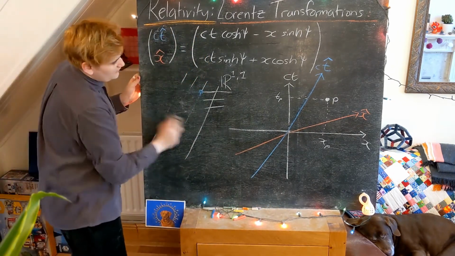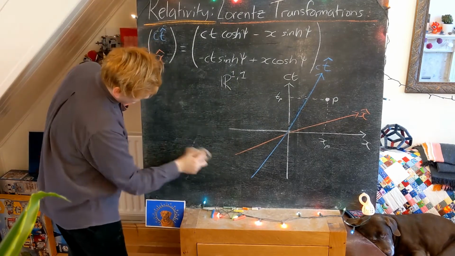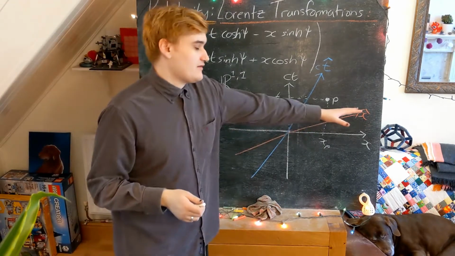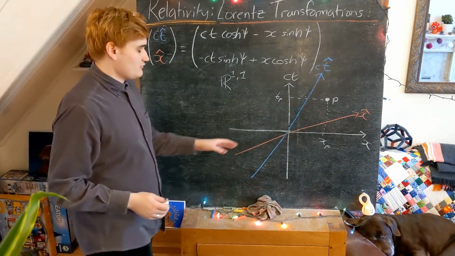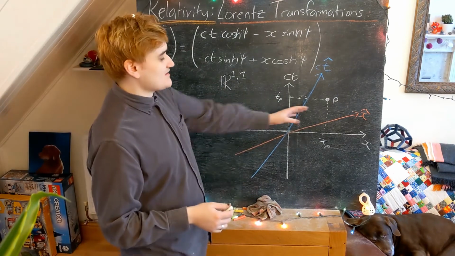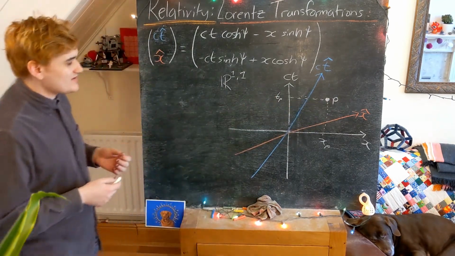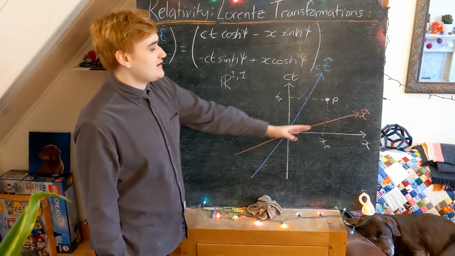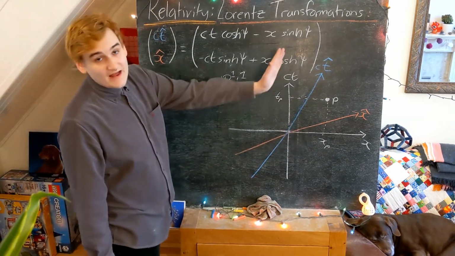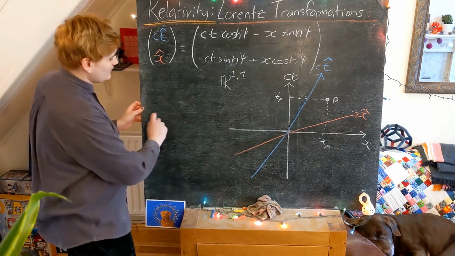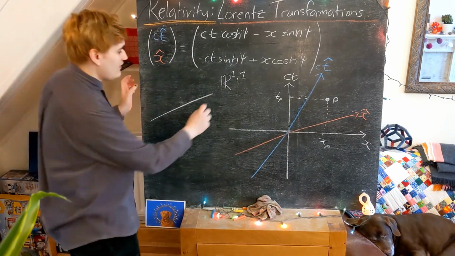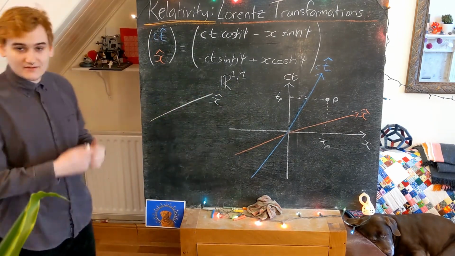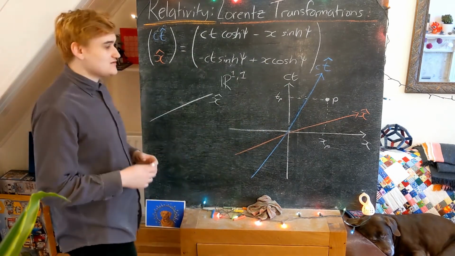And so maybe a better way to understand why this is the case, what we now have to realise is that this line x hat which I've drawn, we usually would understand this as being the x hat axis, but now a better way to interpret this line x hat is that it's really a line along which this t hat coordinate has a constant value. So if you stay somewhere on the line x hat, effectively if you just remain on the x-axis, the t hat coordinate isn't going to change.